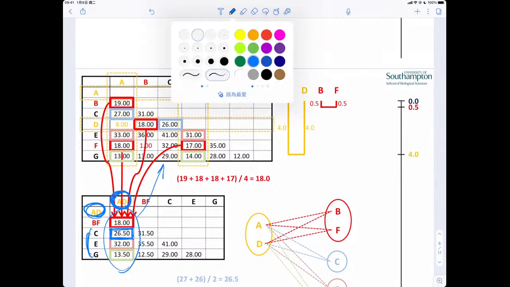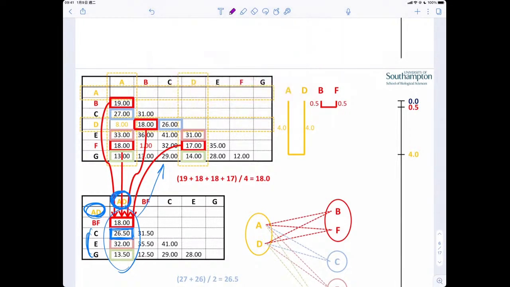The most important one might be this one, the red one. I would like to figure out the distance between the new AD point and the BF point, which is the previously created cluster BF.